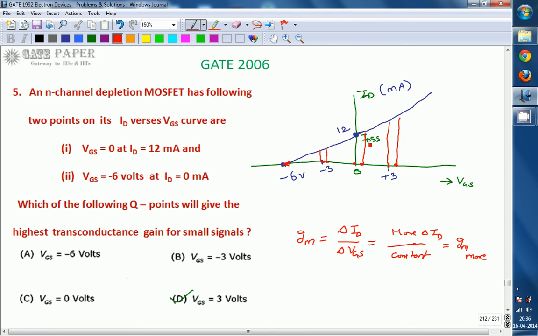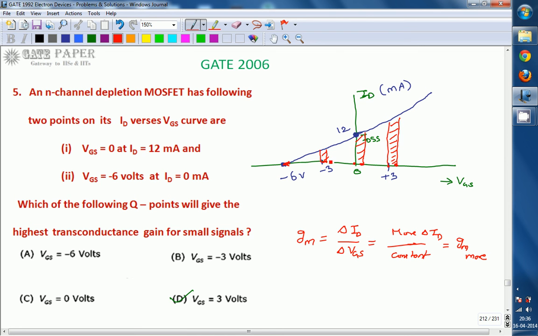Now if you observe delta VGS on the x-axis, the difference between the 2 lines is the same, that is, delta VGS is constant. Now the area between these 2 lines is treated as delta ID. The change in ID is this one.